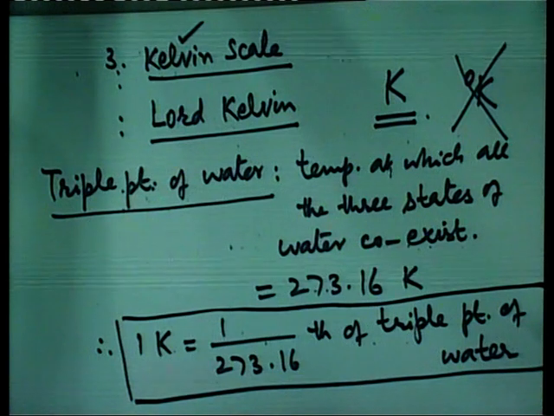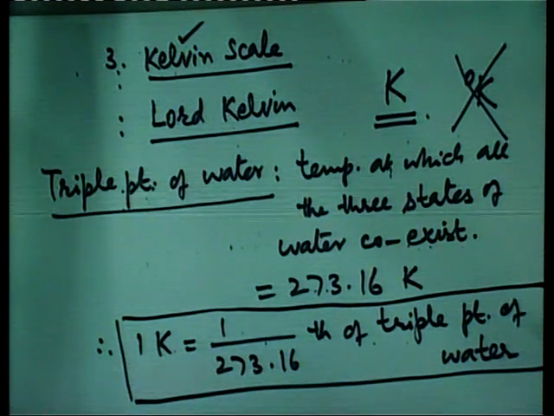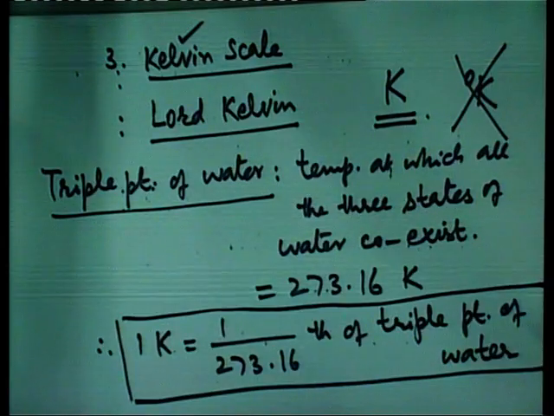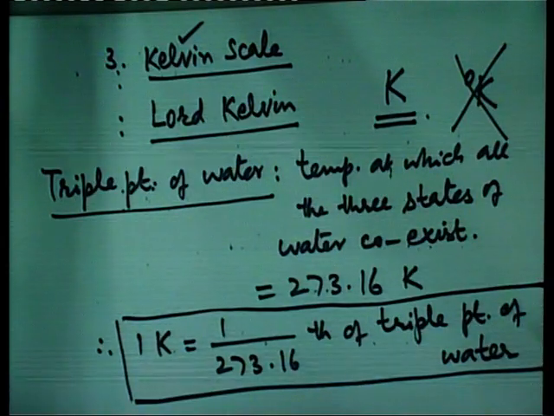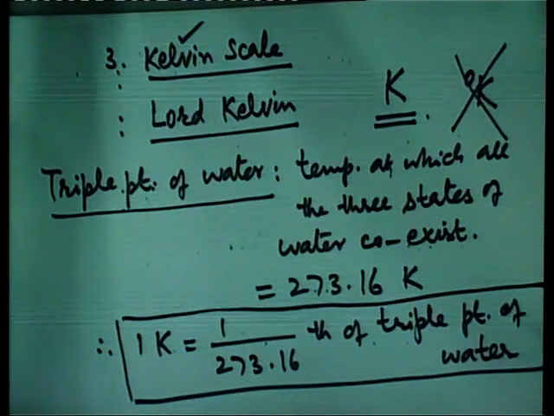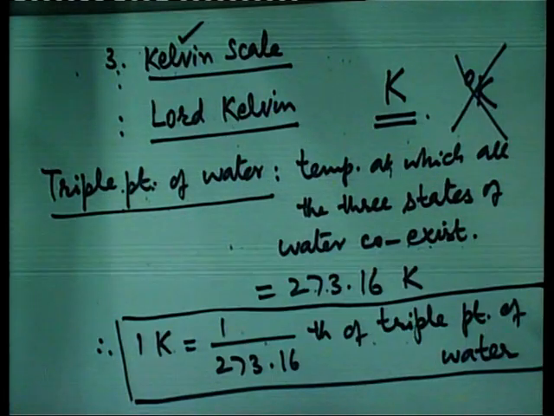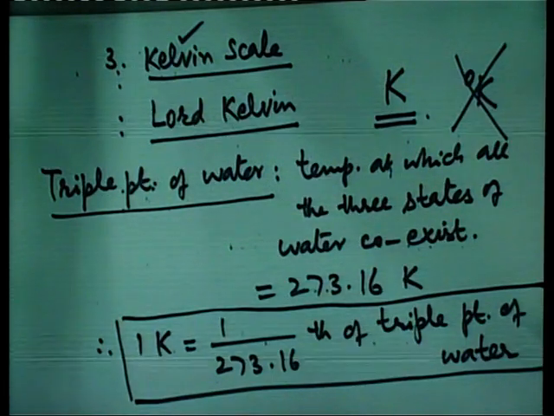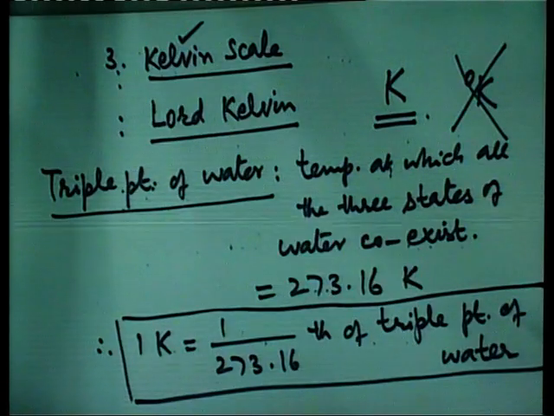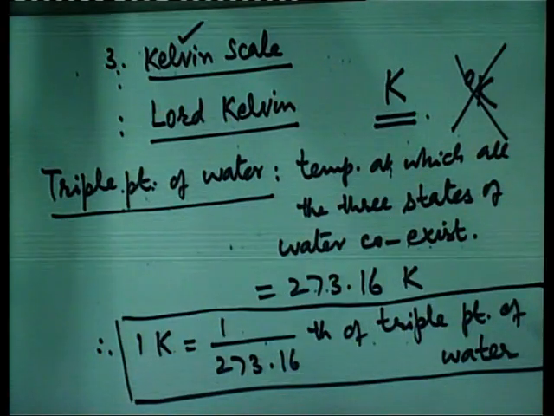In your first chapter, if you have studied the definitions of various units, meter, second, kilogram, Kelvin, then you must have studied that 1 Kelvin was 1 over 273.16 of the triple point of water. So, Kelvin is defined in terms of the triple point of water, which is the temperature at which all the three states of water coexist.